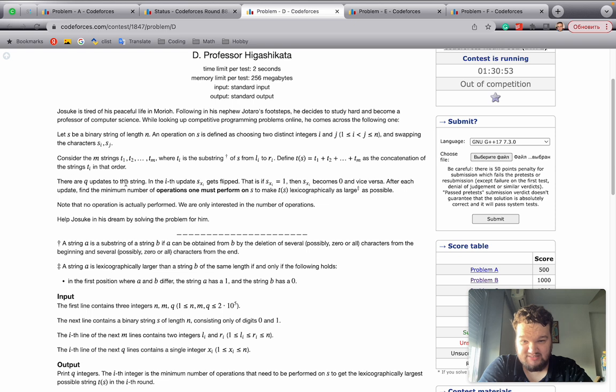There are updates. Each update just flips a bit. Find the minimum number of operations one must perform on S to make this concatenated string lexicographically as large as possible.